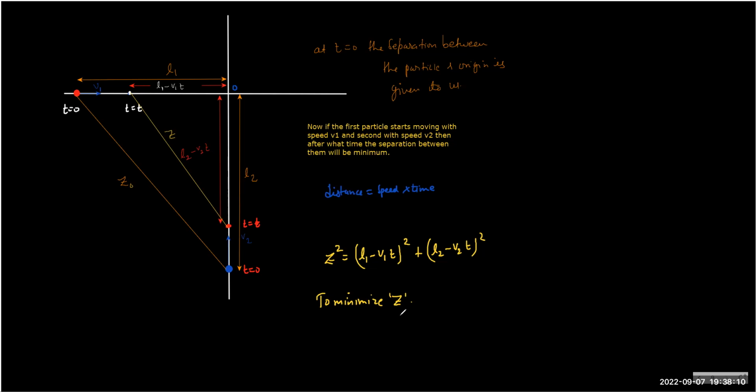We have to differentiate dz square by dt. It's the same thing, because it's a function of time t. So now your only duty is to differentiate the RHS and equate to 0.